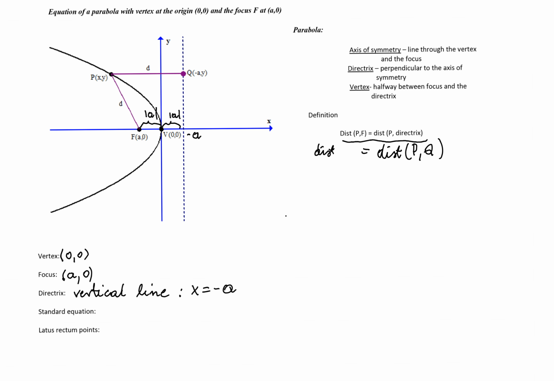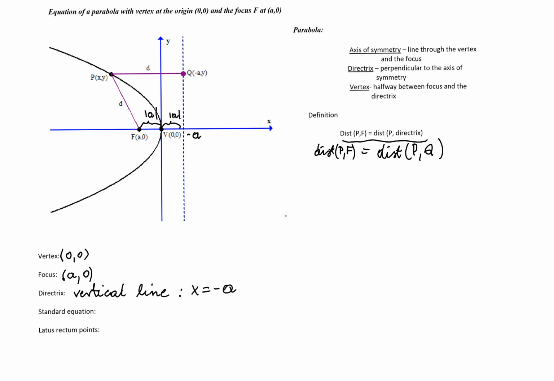This is clear from the picture. So the equation of the parabola in our setting can be said to be that the distance between P and F is the same as the distance between P and Q.